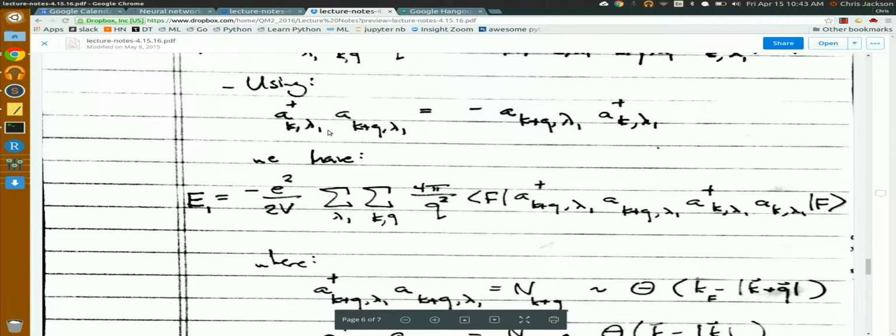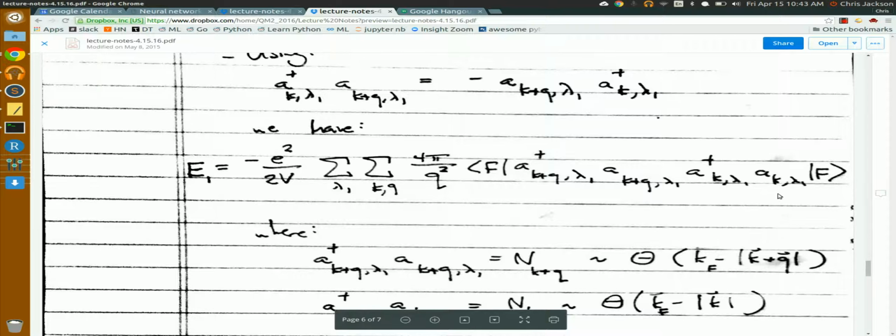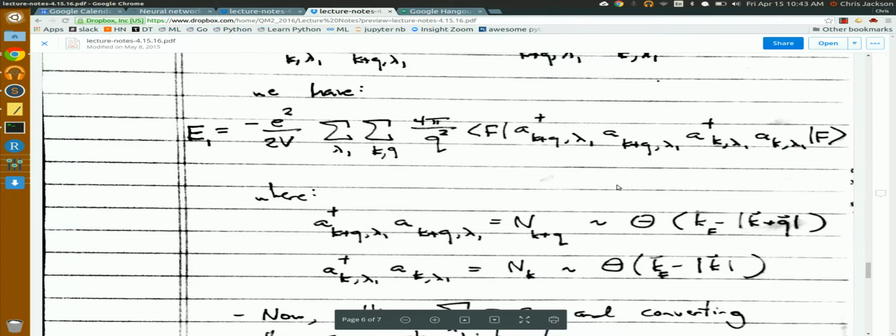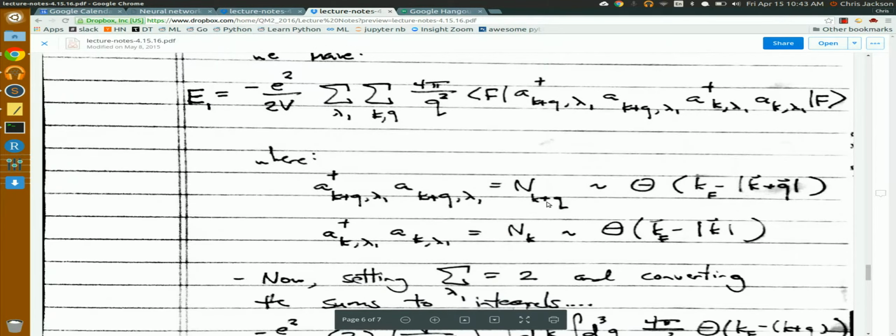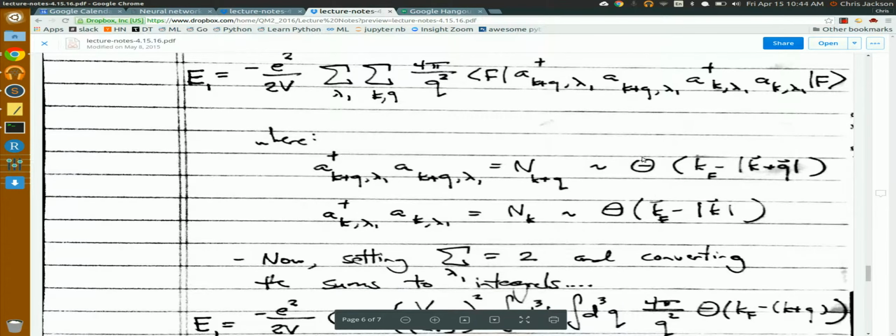So I can move stuff around and get a product of two number operators. One counts the particles that have momentum k and spin 1, and the other counts particles with momentum k plus q and spin 1. I can write these as number operators, or I can rewrite them in terms of step functions, respectively as this.